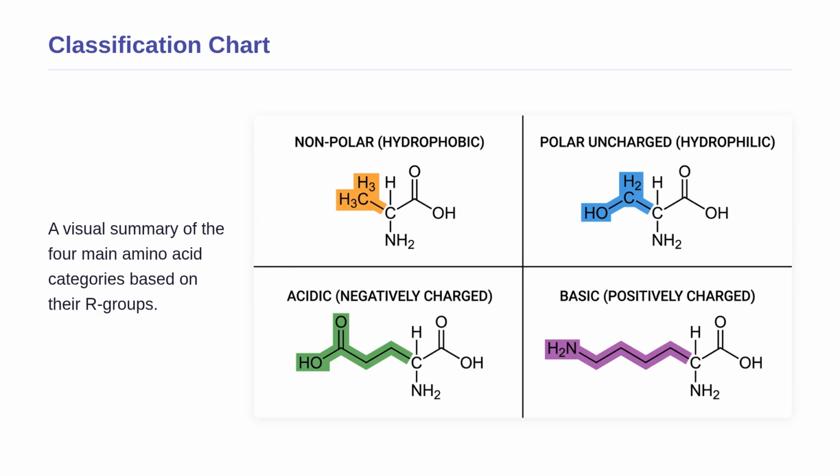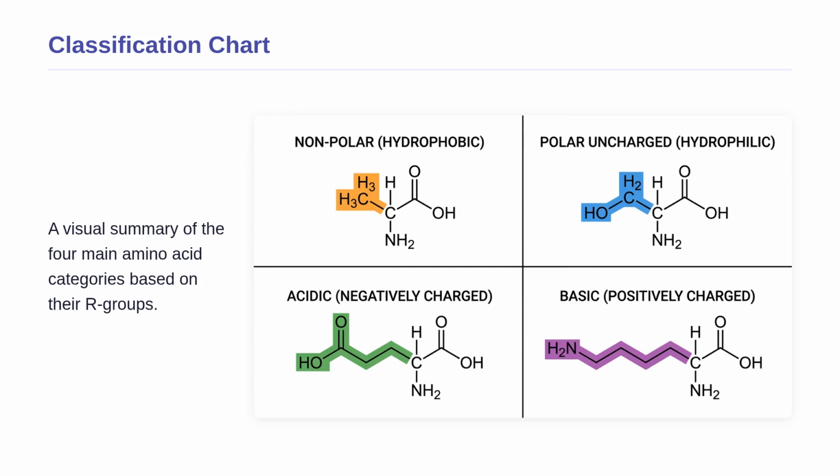To bring all of this classification theory together, let us examine this visual chart. The diagram is divided into 4 quadrants, representing the 4 main categories of amino acids. In the top left, we see alanine, representing the nonpolar hydrophobic group with its simple methyl side chain.